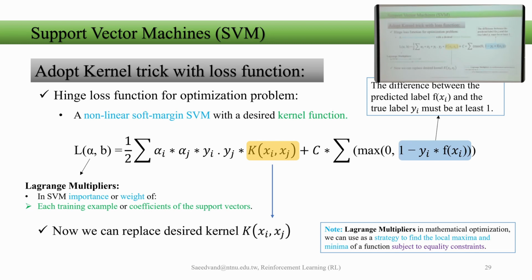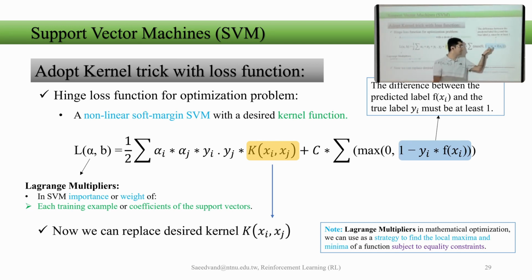But what is important for us to know, first of all, is the kernel that we defined, and we want to plug it in here, into the hinge loss function that we had. The point is that we need to change the hinge function a little bit and replace it with f of x here. Why? Because now we want to calculate it based on the predicted label.